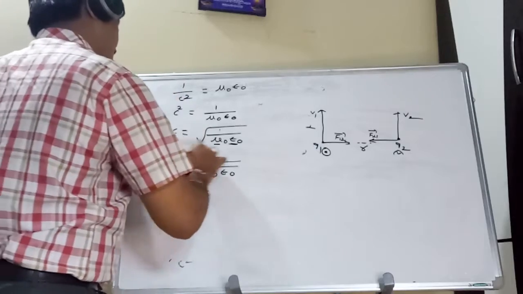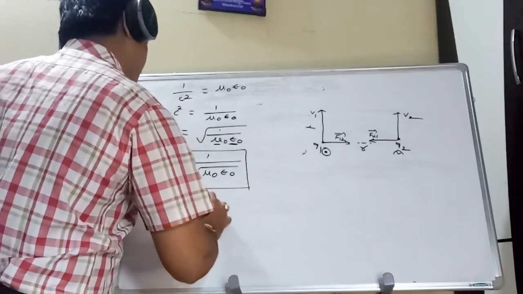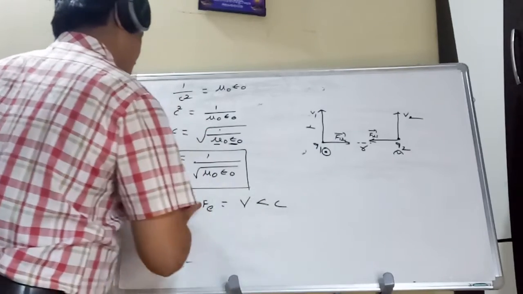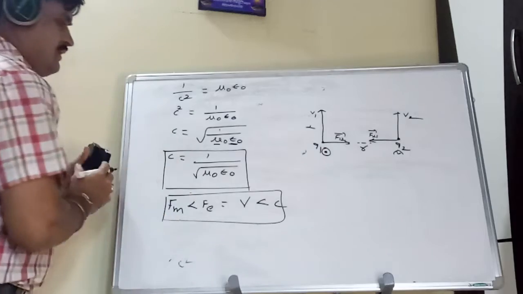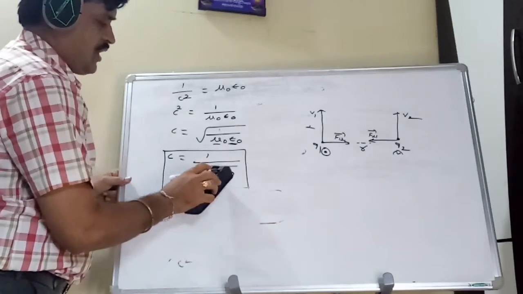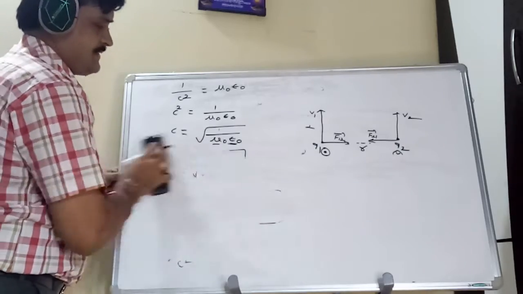Mu naught is the permeability and epsilon naught is the permittivity of free space. Here Fm is less than Fe, that is, V is less than C.